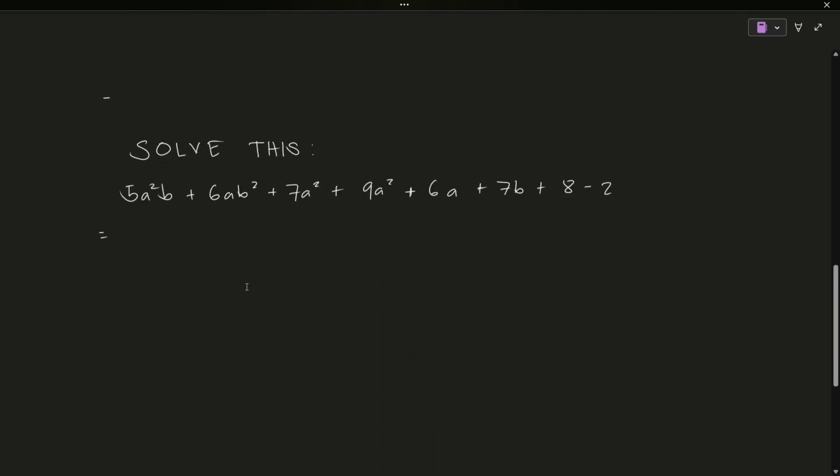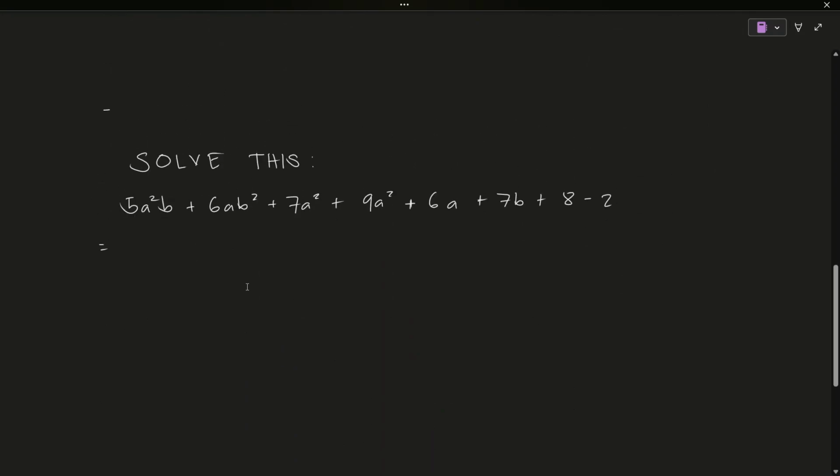Okay, so we have this one here. Feel free to pause the video and try to solve this one. Okay, so first step is we find the same terms. So 5a squared b, I think there's none. Sorry.